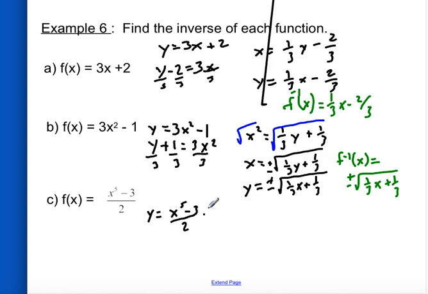I have to multiply both sides here by 2. Maybe I'll do that in a different color. So I get 2y, because the 2's here on the right hand side are going to cancel each other out. So these get canceled out. So 2y there equals x to the 5th minus 3. Go ahead and add 3 to both sides.